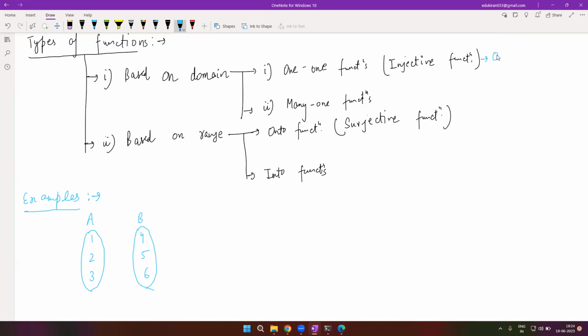And many-one says many inputs, one output. It's very simple to understand. Okay. First of all, tell me whether it is a function or not. Can we call this a function?